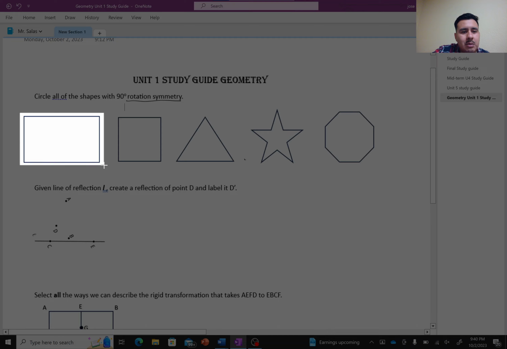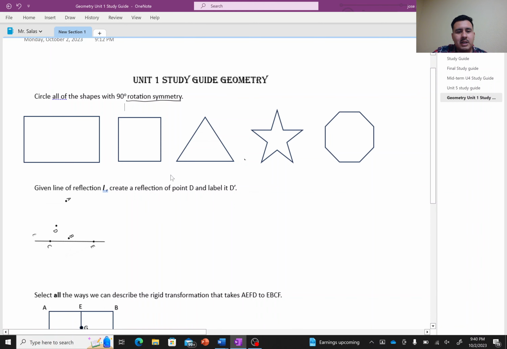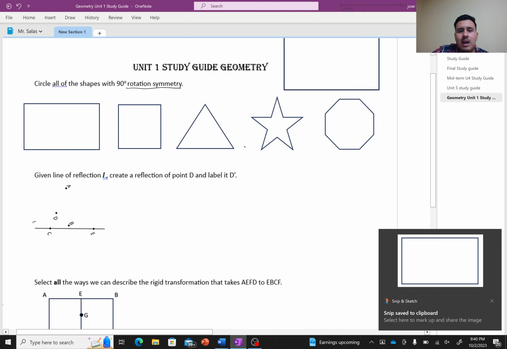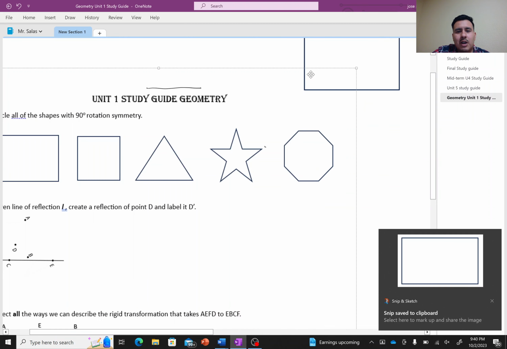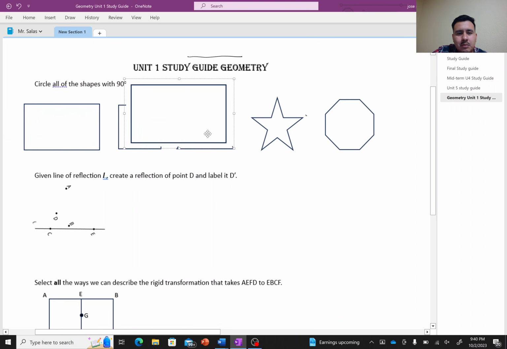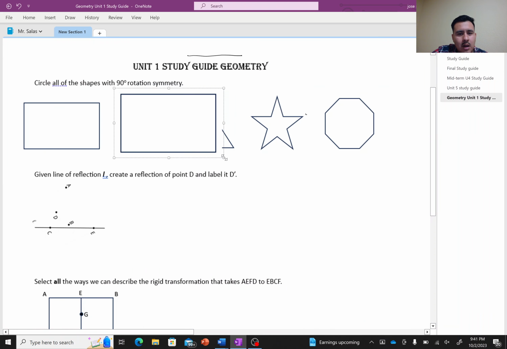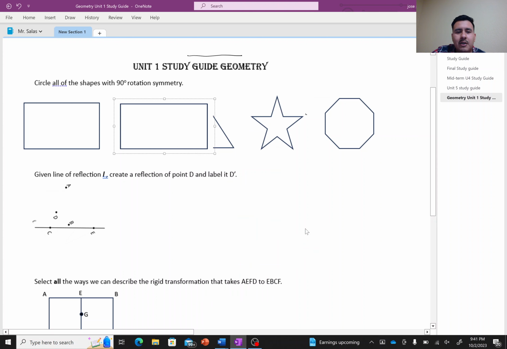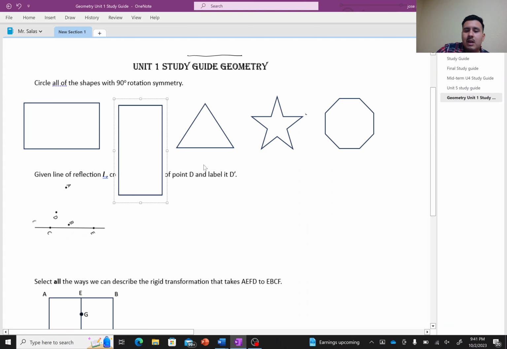Rotation symmetry means if I take this rectangle and get another rectangle next to it side by side, about the same size, very congruent, and I rotate it 90 degrees, it doesn't matter left or right.